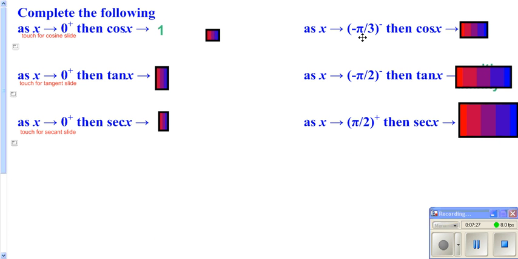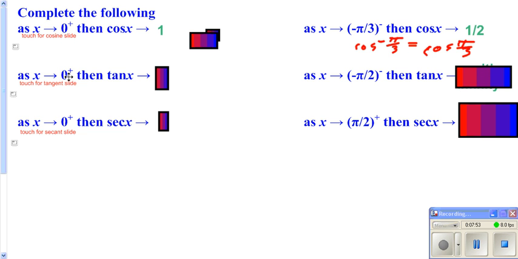Here you're approaching negative pi over 3 from the left side. Pretty much you can just plug it in because there's no asymptotes there. And the cosine of negative pi over 3 is the same thing as the cosine of pi over 3, which you should really know off the top of your head, which is a half.